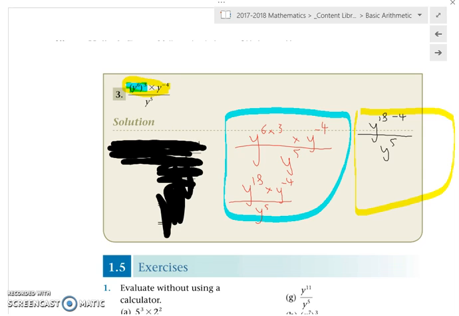I would have had to add the minus 4. Yeah, so I'm adding the two indices, but because that's a negative, I would have written it like this: 18 plus minus 4.